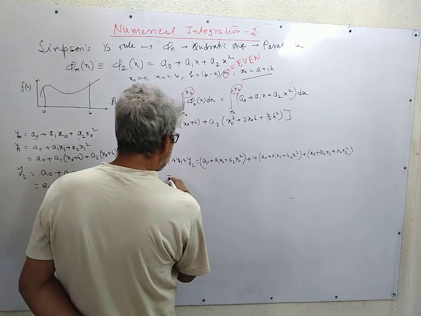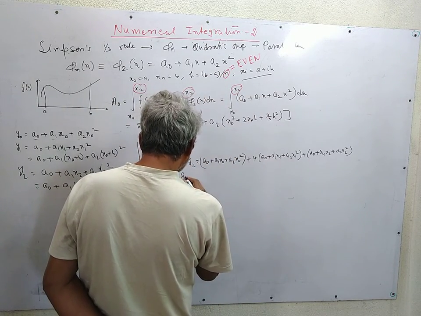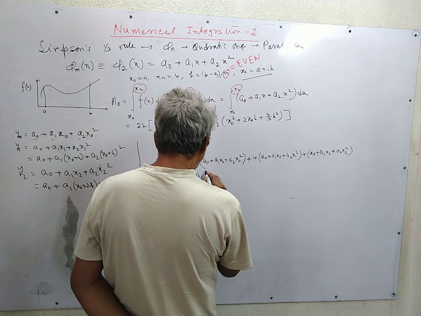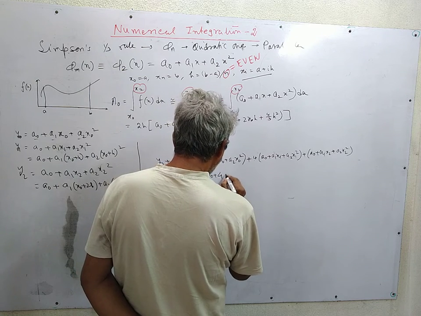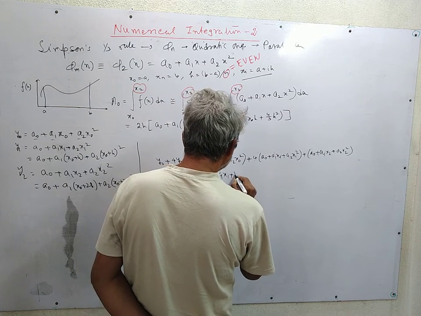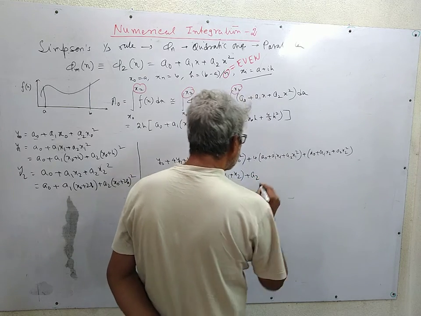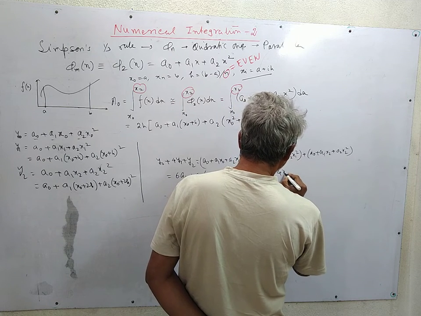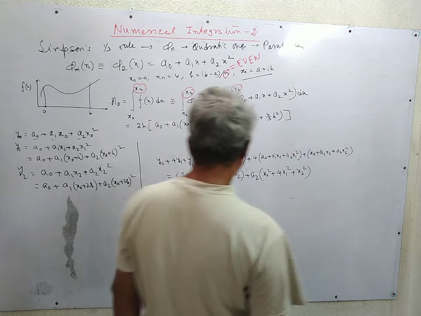Now the result is 6a0 plus a1 taken common, it is x0 plus 4x1 plus x2, plus a2 taken common, this is x0 square plus 4x1 square plus x2 square.